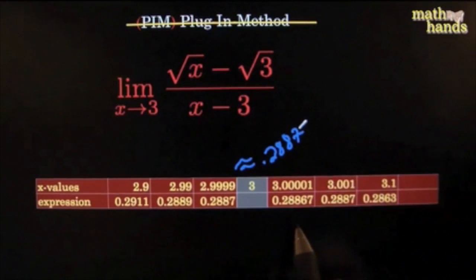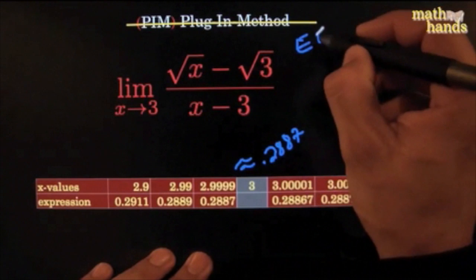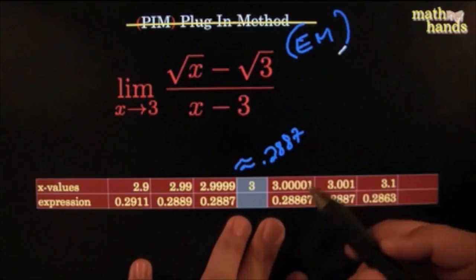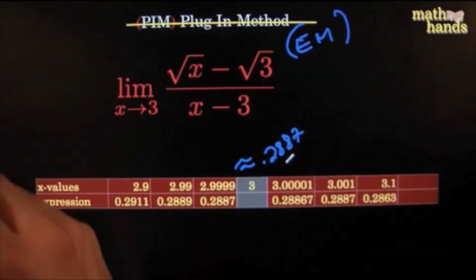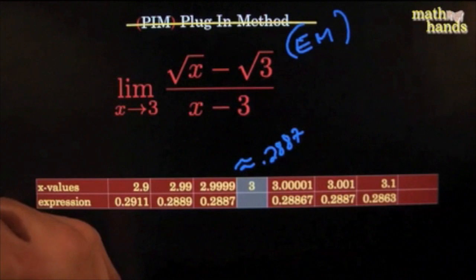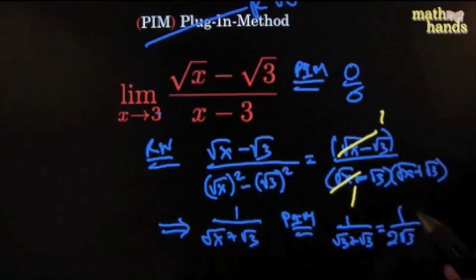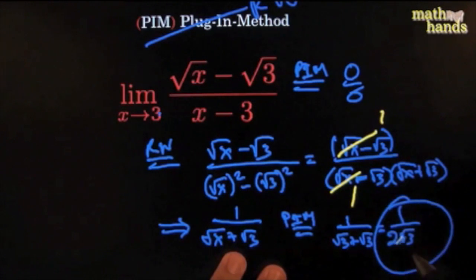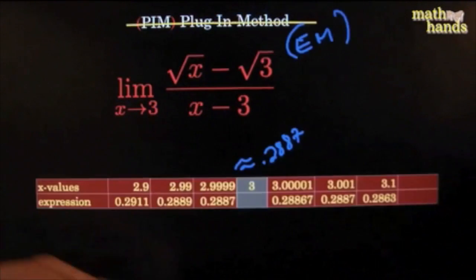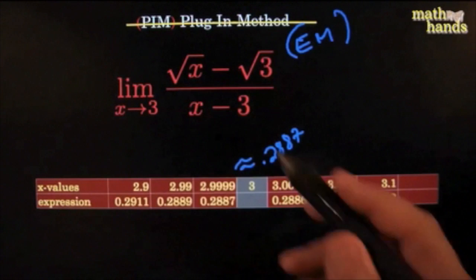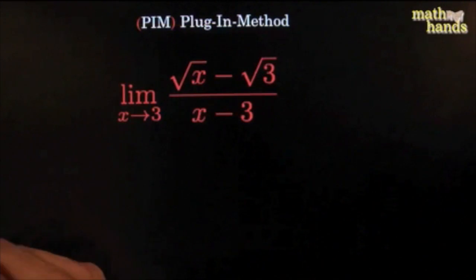It's hard to say because after all, this is the engineer's method. But it's got to be approximately that, and I would bet all my money that that number is the same as 1 over 2 times the square root of 3. Of course, we did it two different ways: the rewrite and the engineer's method.